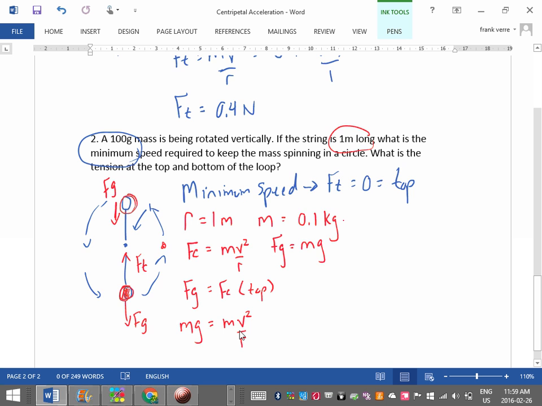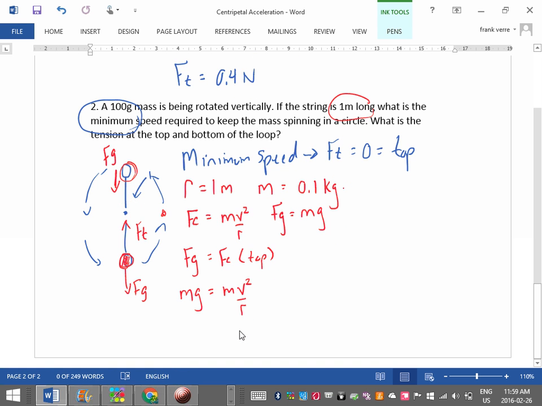And look what you notice. The mass is irrelevant. Totally irrelevant because they cancel out. So we can solve for the speed. The speed has to be the square root of g times r.